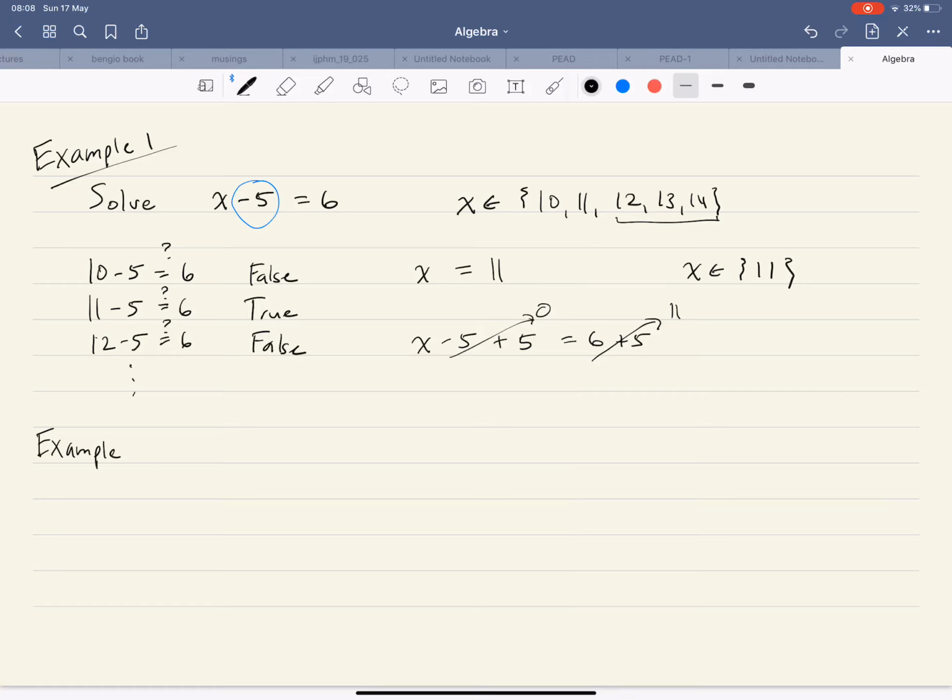Let's do another example. Now, we want to solve 3n equals 7, where n is in the domain positive integers. Remember that Z is integers, and when I put this little plus, I mean positive integers. Okay?